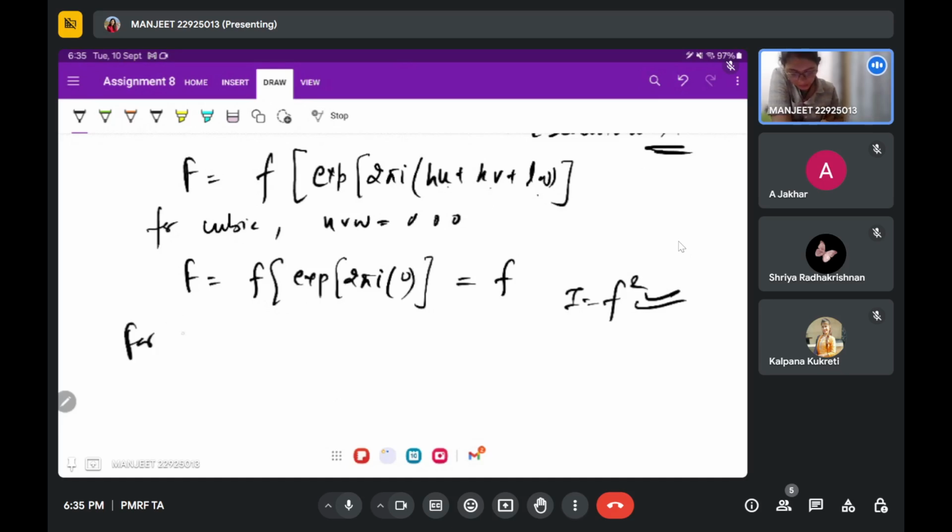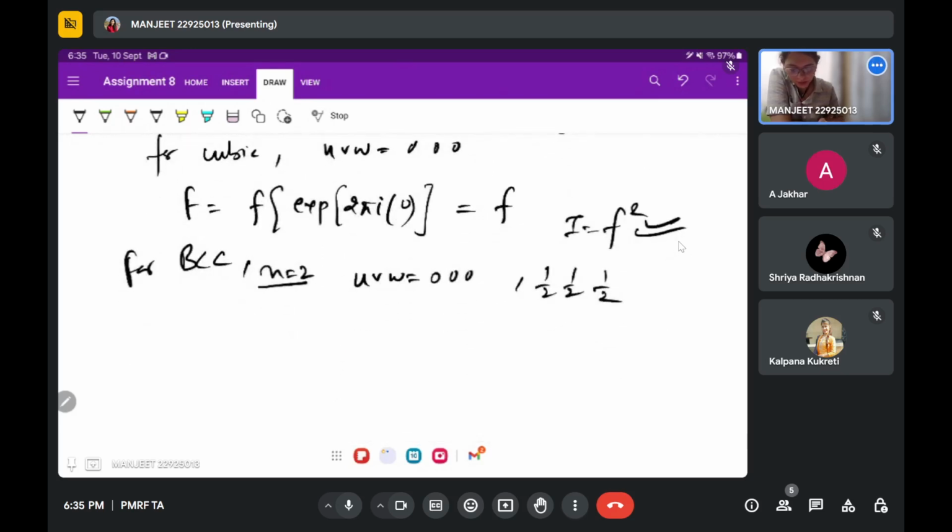If I talk about the BCC, we have two atoms. One is at the center, having the coordinates 1 by 2, 1 by 2, 1 by 2, and the other is at the origin.